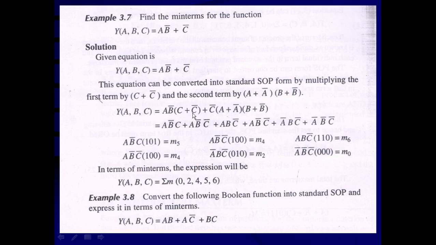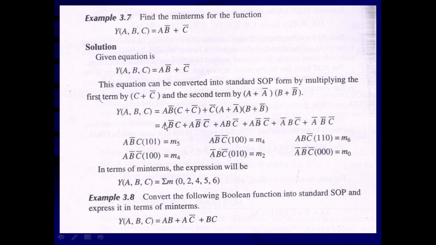The second term is missing the variables A and B, hence A plus A bar and B plus B bar are going to be multiplied with the second term. So you can see A, B bar, C plus C bar for the first term. For the second term, C bar is multiplied with A plus A bar and B plus B bar.